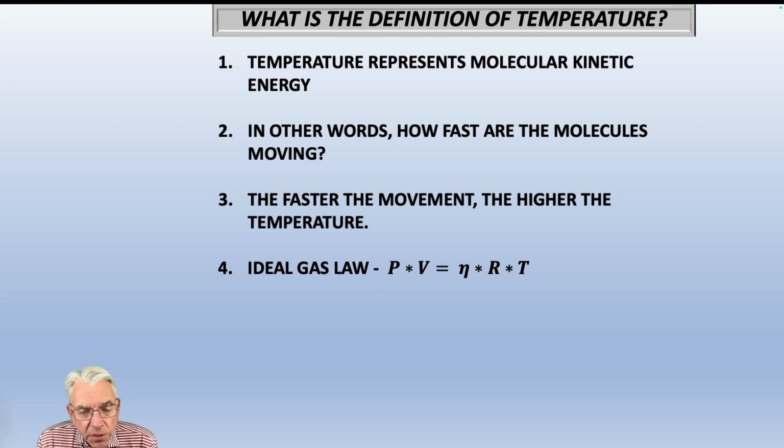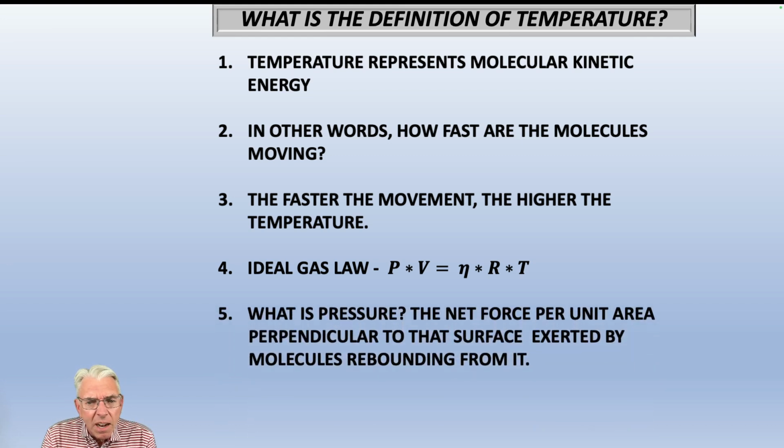So then there's this thing called the ideal gas law, which states that the pressure times the volume is equal to the number of moles, and I'll get to that in a second, times a gas constant R times the temperature, okay? Now, what is pressure? It is the net force per unit area. Area is 2 dimensions, volume is 3 dimensions, so net area would be like a square. And it's the net force per unit area perpendicular to that surface.